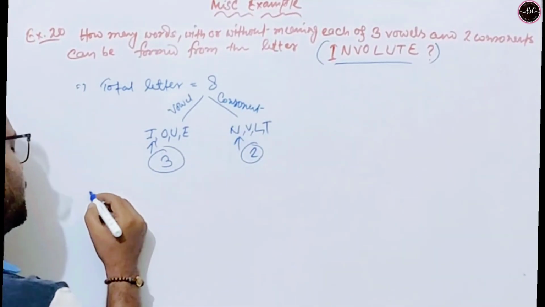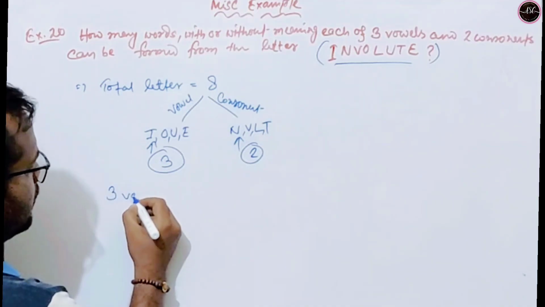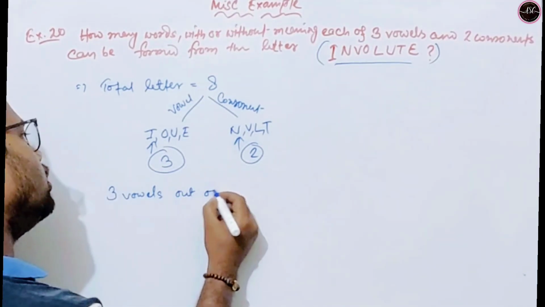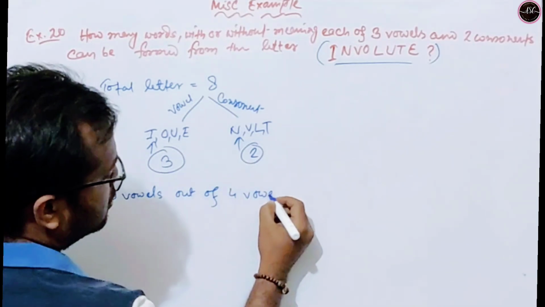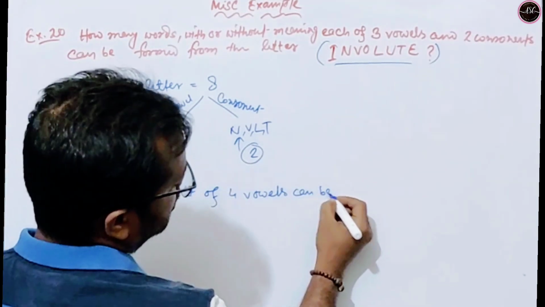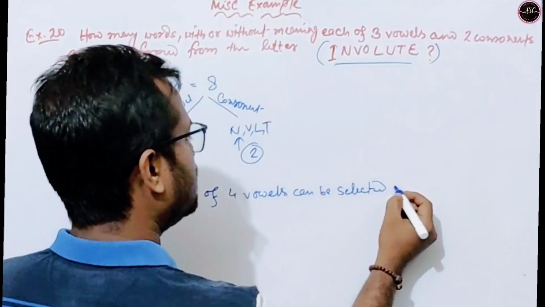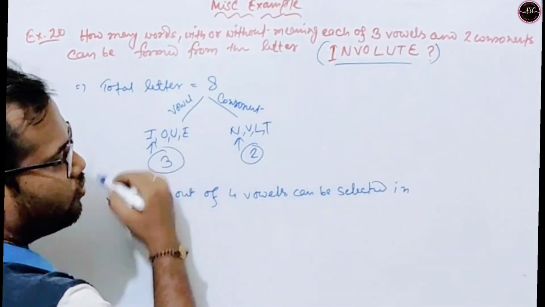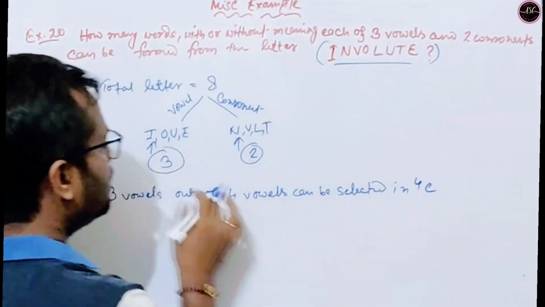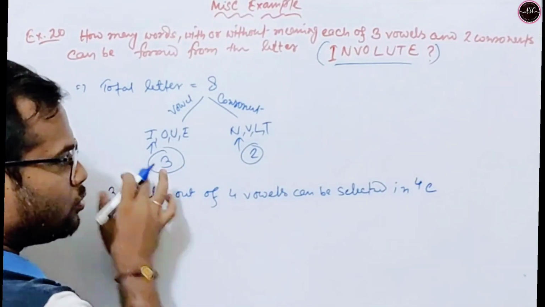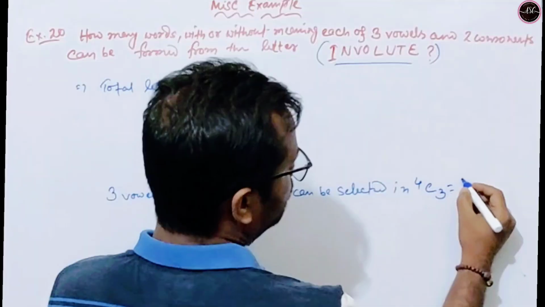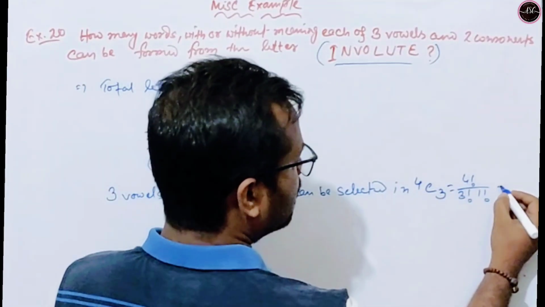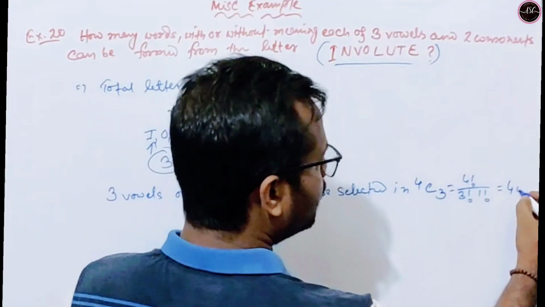So 3 vowels out of 4 vowels can be selected in, just putting the formula here, n equal to 4, that means 4C3, and r equal to 3. That equals 4 factorial divided by 3 factorial into (4 minus 3) factorial, that means 1 factorial, equal to 4 ways.